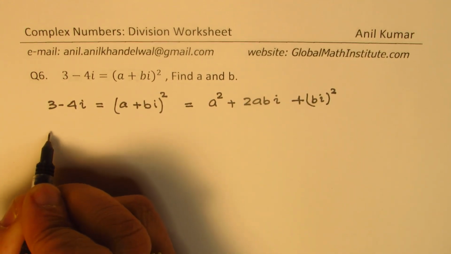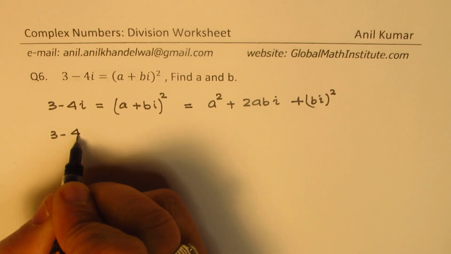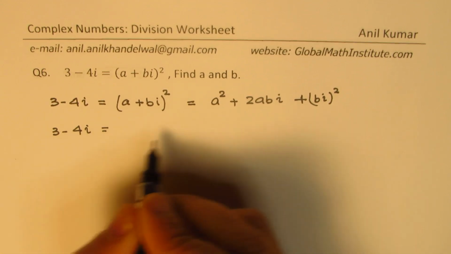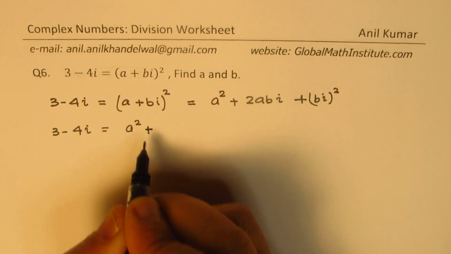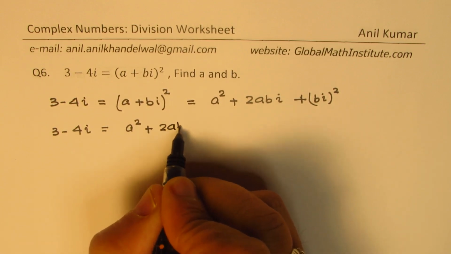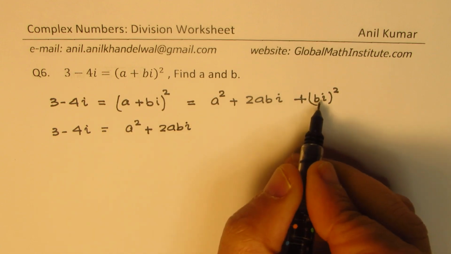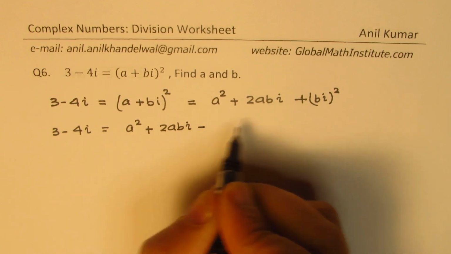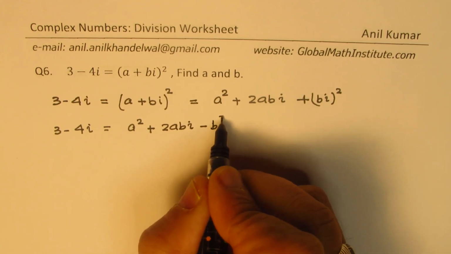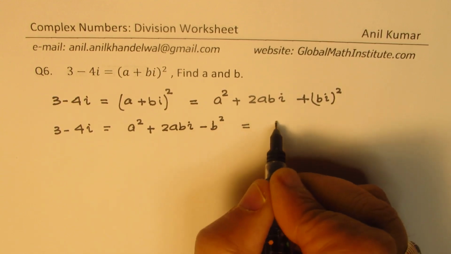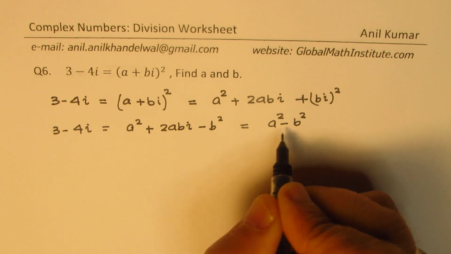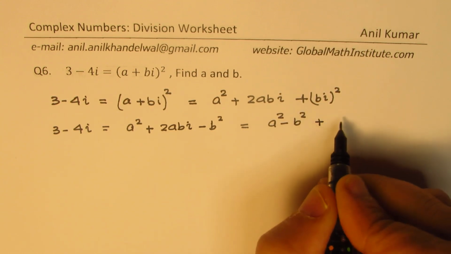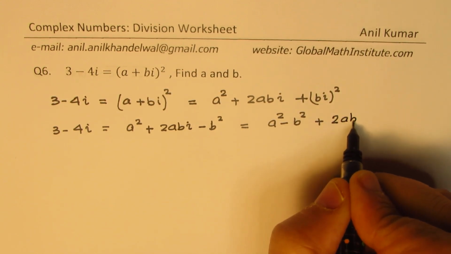So we can write this as 3 minus 4i is equal to a square plus 2abi and this minus 1, right, b square, which is same as a square minus b square. So these are the real parts and the imaginary part is 2abi.